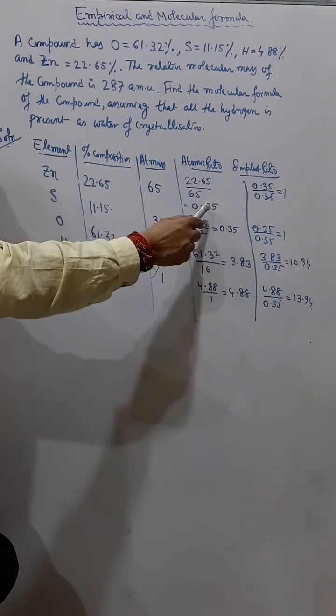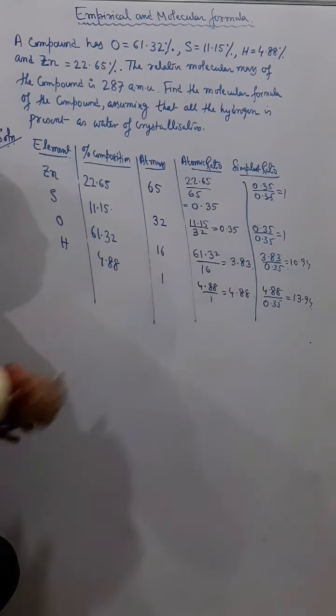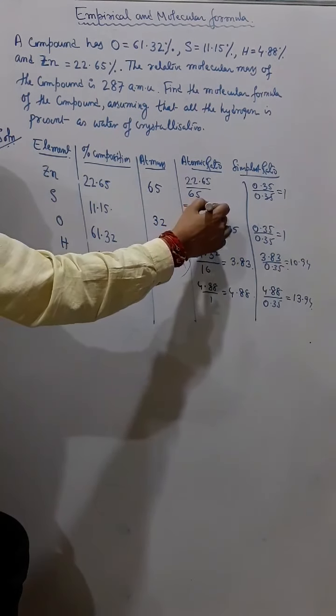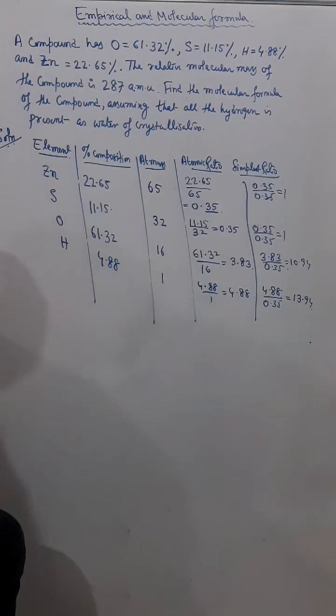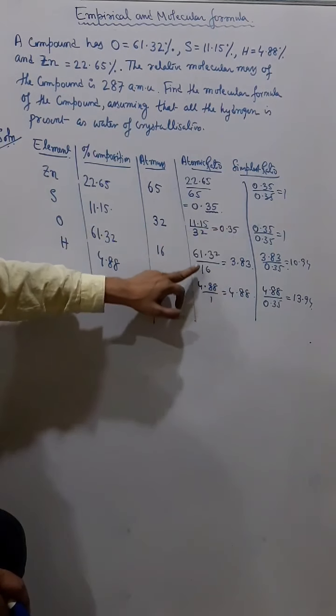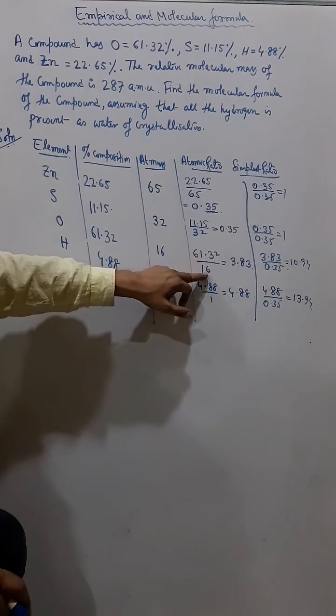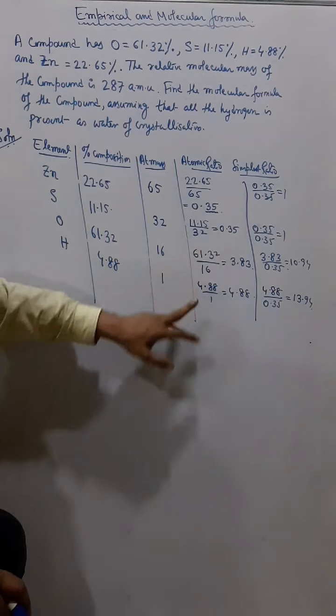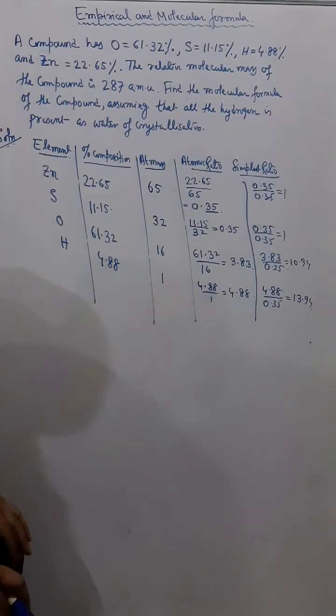In fact, you are getting 0.348, and after rounding off to 2 decimal places, we are getting 0.35. Here also we are getting 0.35. Here 61.32 by 16 we are getting 3.83, and here we are getting 4.88.